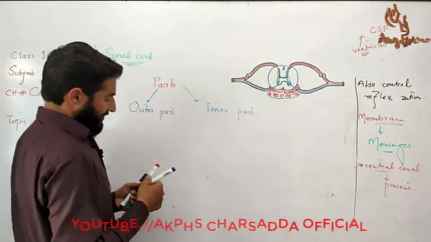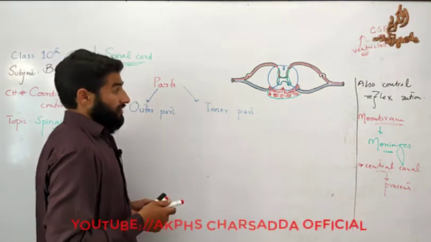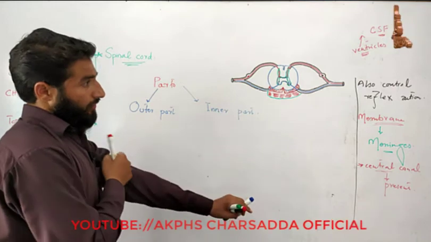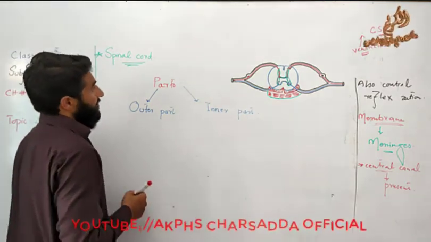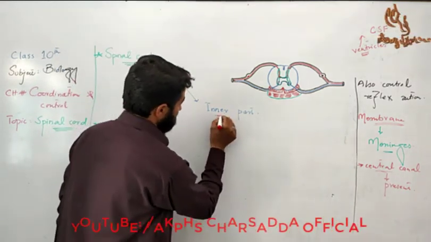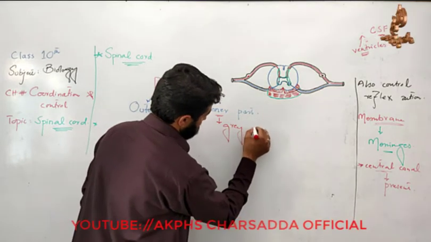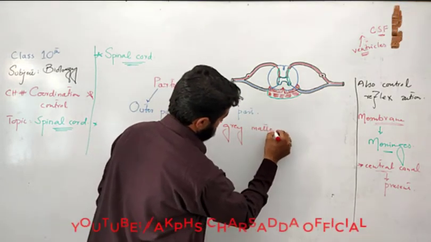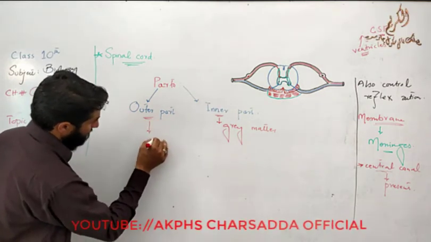Just like the brain, if you revise the cerebrum, it consists of two parts, that is white matter and gray matter. So just like that, the spinal cord also consists of two parts, the outer part and the inner part. The inner part is gray matter, while the outer part is white matter.